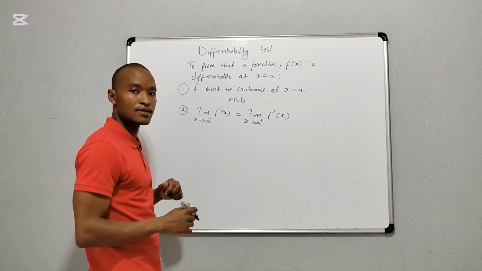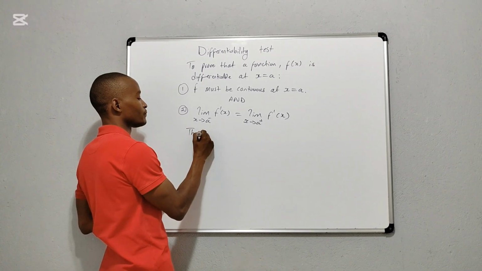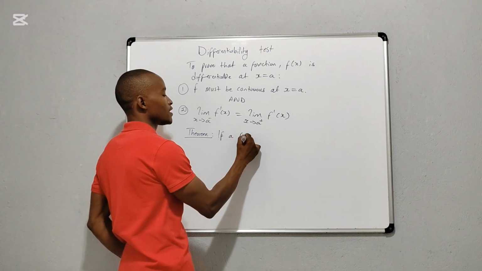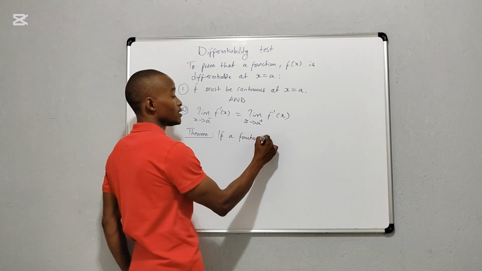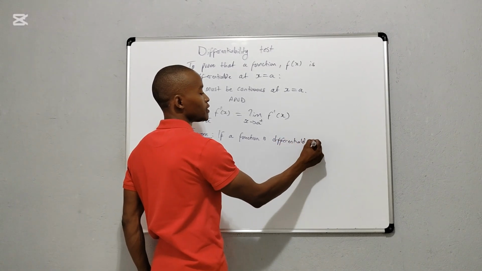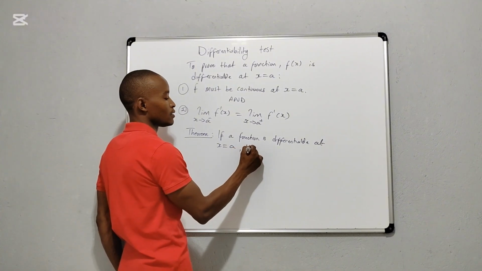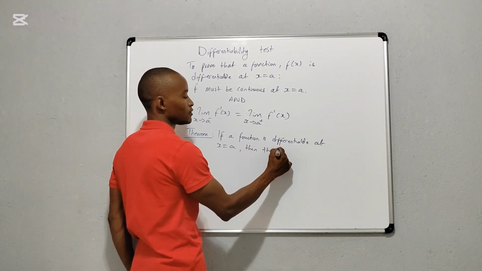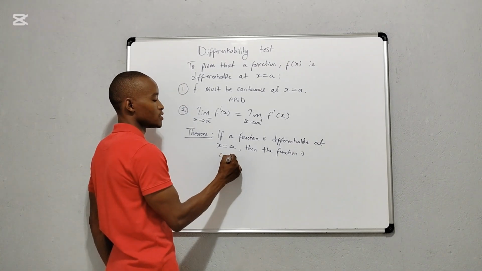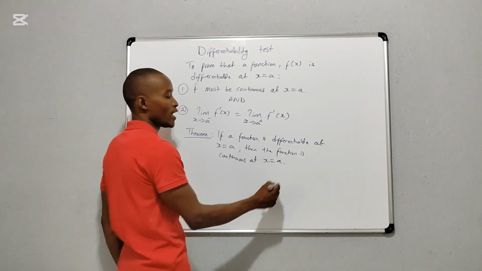And actually this leads us nicely to the theorem that says the following. If a function is differentiable at x equal to a, then the function is continuous at x equal to a.